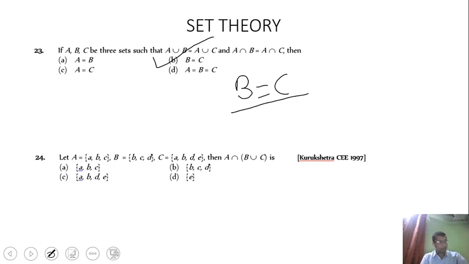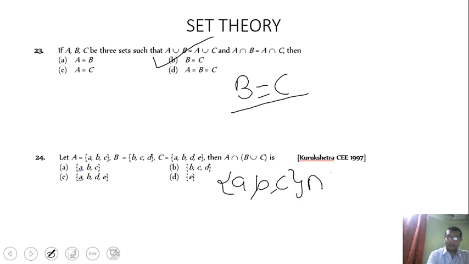Now, example number 24. A equal to, it has 3 elements A, B, C. B equal to, it has 3 elements B, C, D. And C equal to, it has 4 elements A, B, D, E. Then A intersection B union C is. I am not going to solve this example in detail. First we write A, it is A, B, C. Then we write intersection as it is.